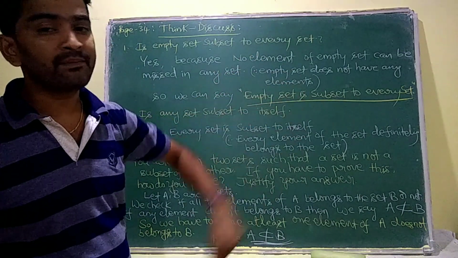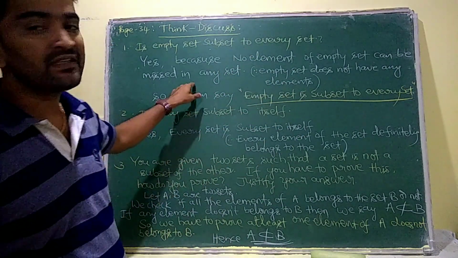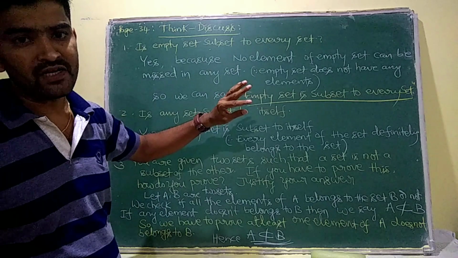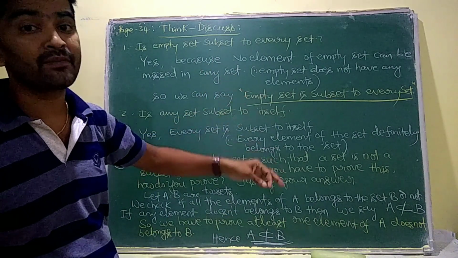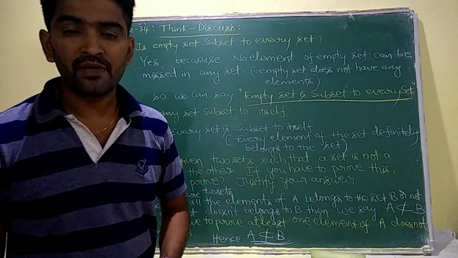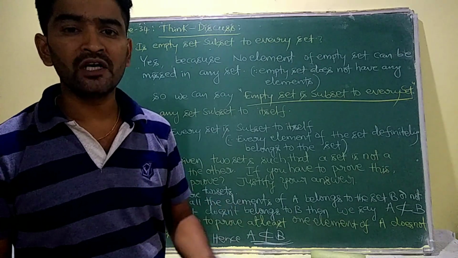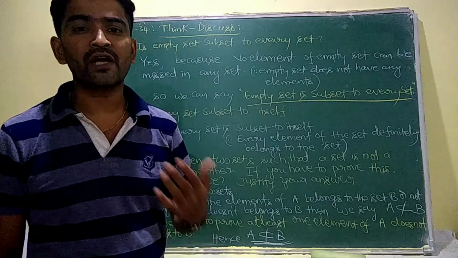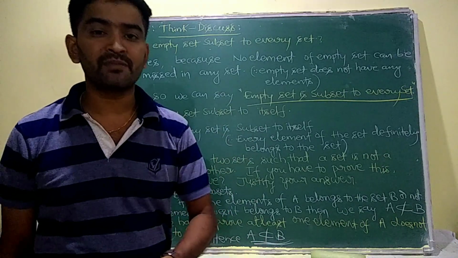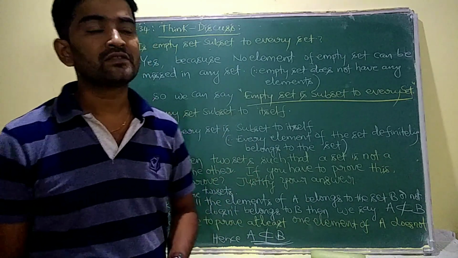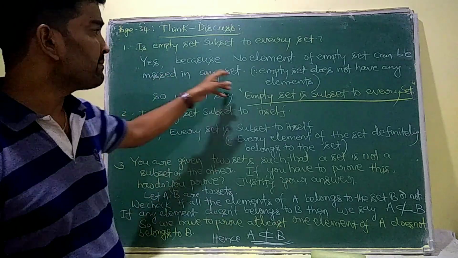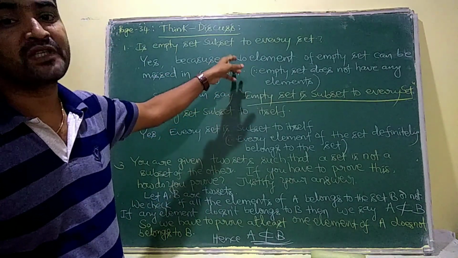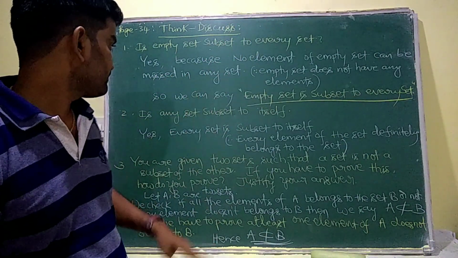No element of the empty set can be missing from any set, because the empty set has no elements. As it does not have any element, how can an element of the empty set be missing from any other set? That's why the empty set is a subset of all sets.